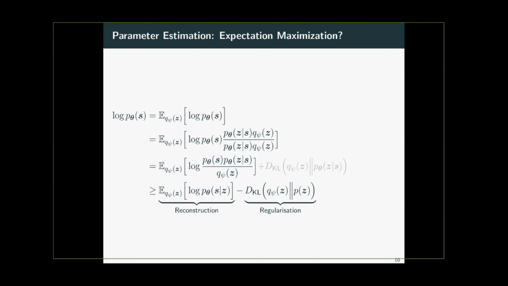And these two terms are what are used to train a variational autoencoder. The first term is a so-called reconstruction term, and the second term is a so-called regularization term, okay? Exactly. And this quantity here at the last line is the so-called evidence lower bound. And this is what is maximized when we train a variational autoencoder, okay?